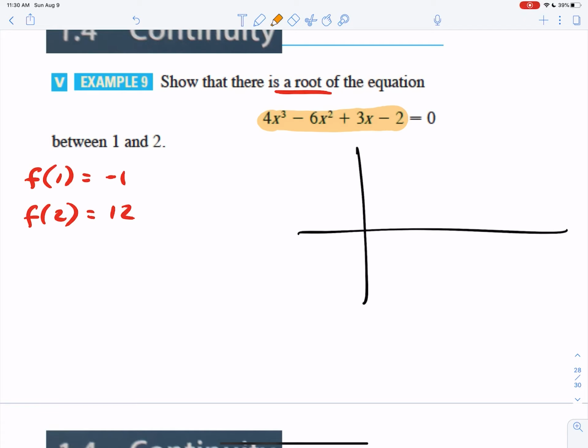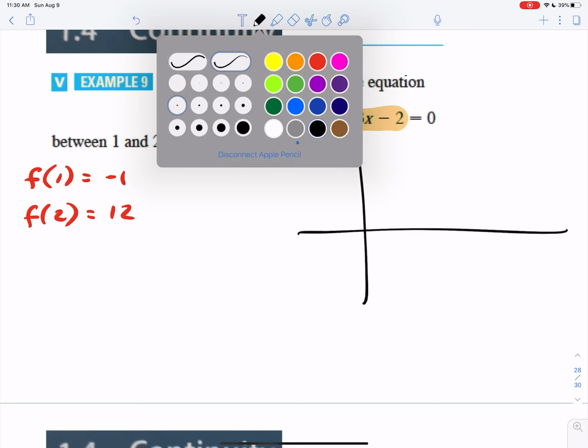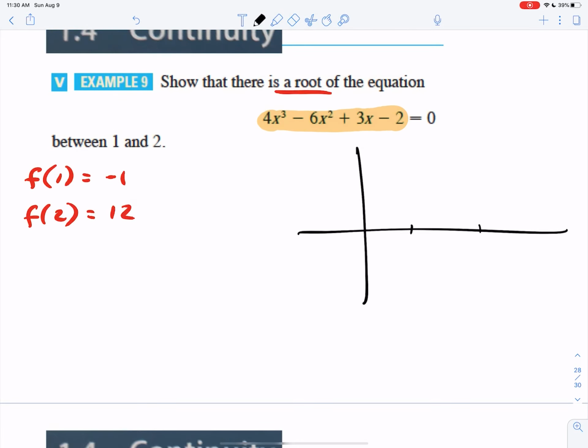Okay, meaning I never lift up my pencil. Okay? So now I just figured out that at f of 1, it's -1, so somewhere down here. And at f of 2, it's somewhere at 12. This is not to scale, okay?